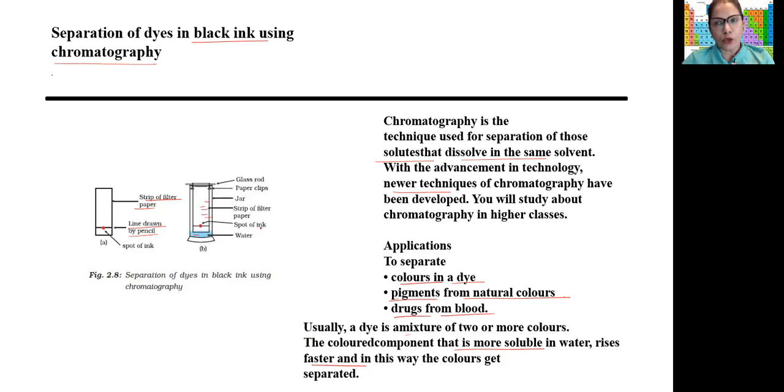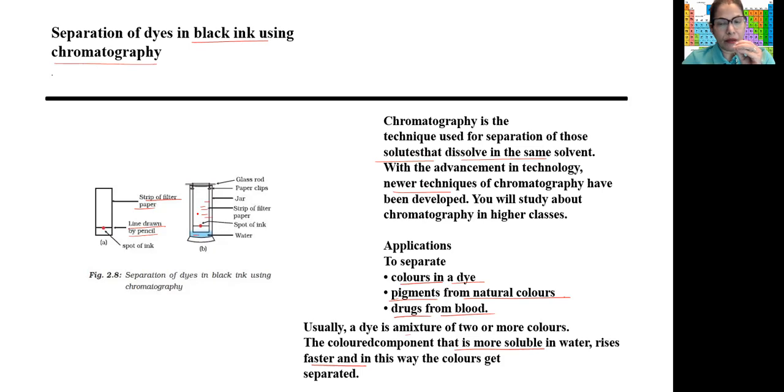So chromatography is a method of separation of mixtures where the various colors can be separated from either pigments or dyes. Here the principle used is that the dye is soluble in the same solvent. There's only one solvent.